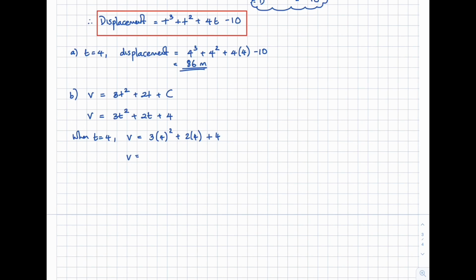So 4 squared is what? 16. 16 times 3 is 48. Plus 4 times 2 is 8. Plus 4. That makes 60. So v is equal to 60 meters per second.